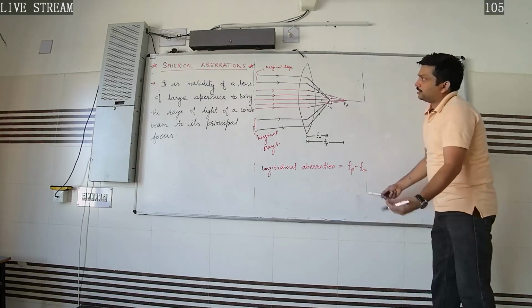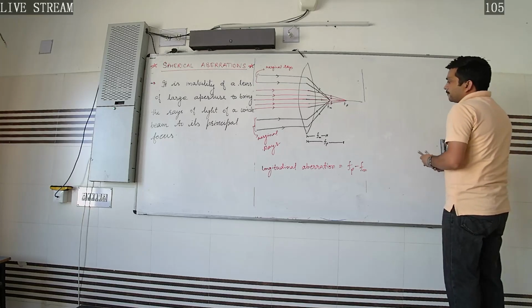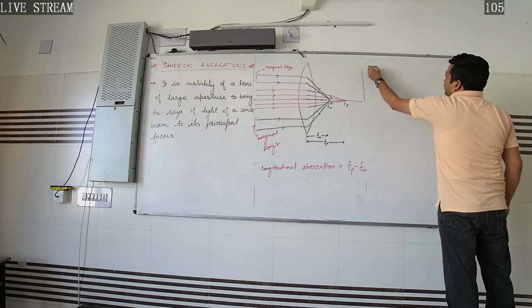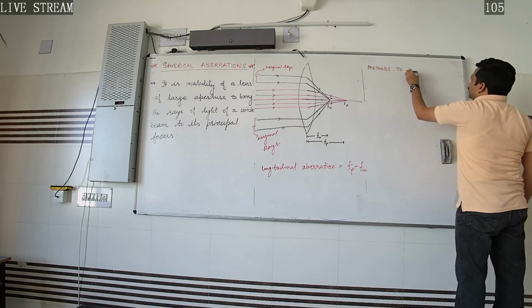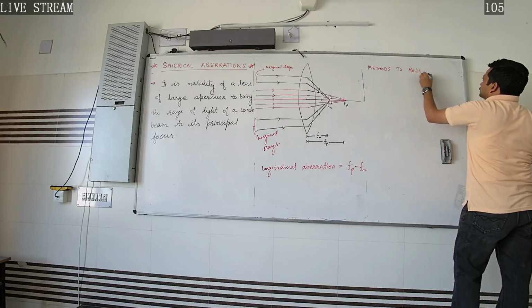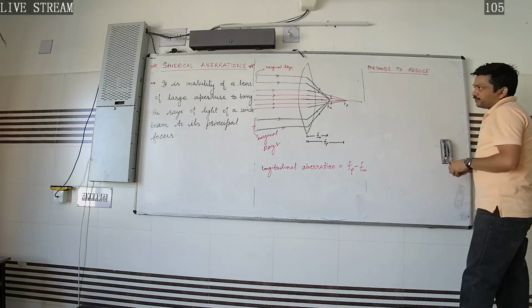In this way we can define spherical aberration. Now, what are the methods to reduce these spherical aberrations? We have different methods.